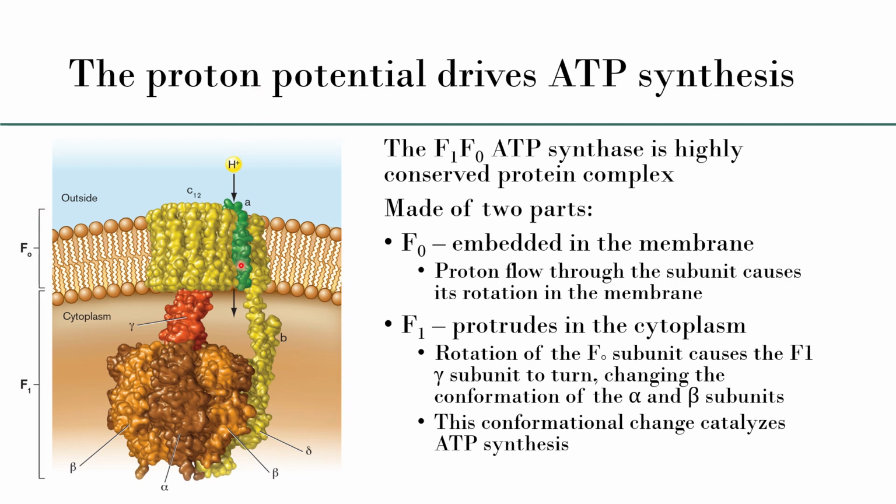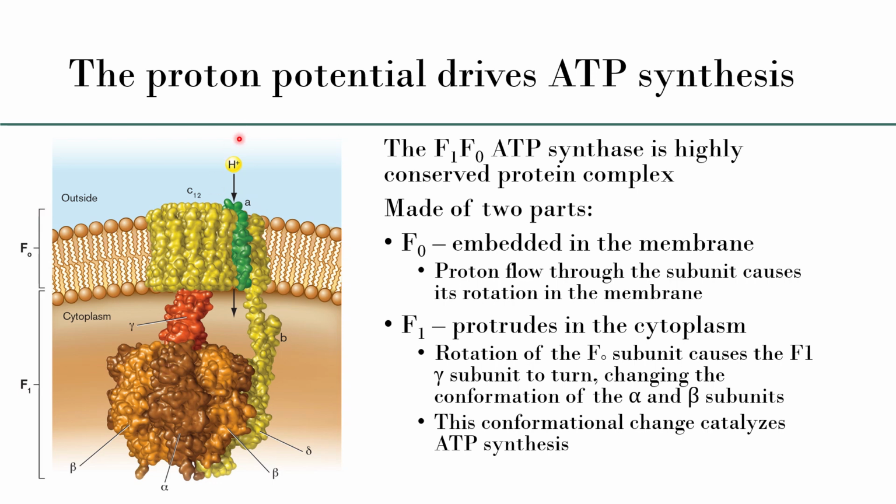The hydrogen ions flow down, it spins this turbine, and then we have an adapter, this gamma subunit, that's connected to a bunch of alpha and beta subunits. And this whole portion in the cytoplasm is called the F1 part of the complex. And this rotation of the turbine is going to power conformational changes between the alpha and beta subunits that basically catalyzes ATP synthesis.